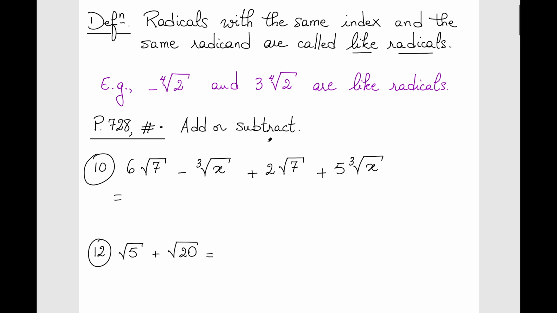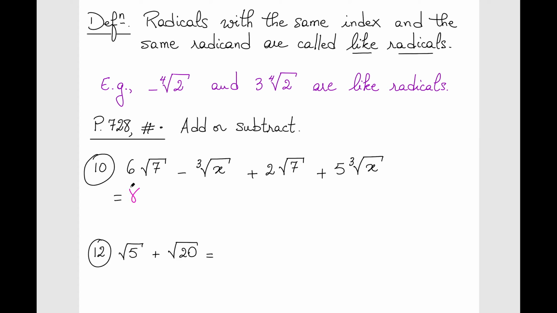Okay. All right, add or subtract. This is on page 728. And let's do number 10. 6 square root of 7 minus 3rd root of x plus 2 square root of 7 plus 5 3rd root of x. Well, this image is the same as this image, right? You have 6 of this image plus 2 of that, the same image. 6 of this image plus 2 of them is 8 of them, right?